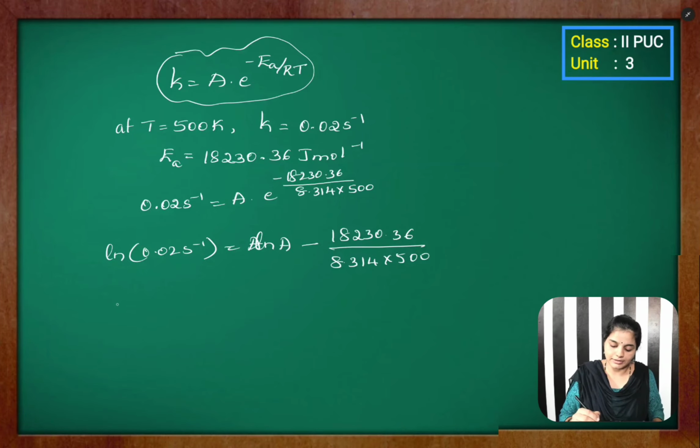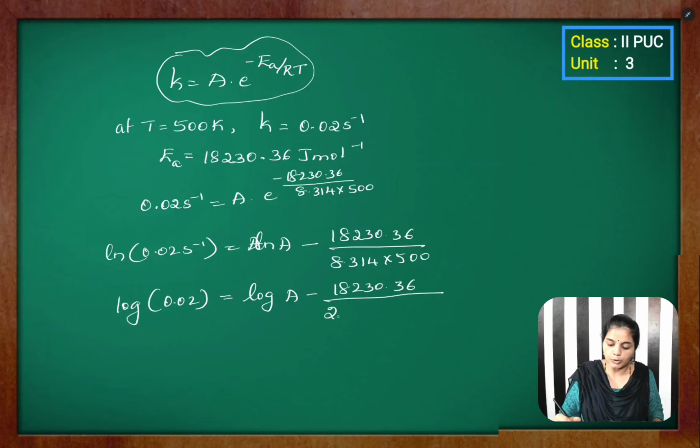So converting this into log, I can write this as log of 0.02, which is equal to log A minus 18,230.36 divided by 2.303 into 8.314 into 500. So let us simplify this.